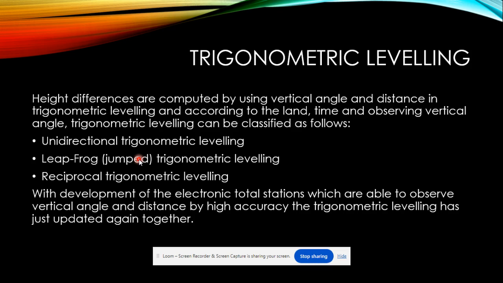When you have angles and distance, you can easily calculate the heights of those points. So those are the two techniques of leveling, or measuring height differences. We just say that the process of measuring height differences is leveling.